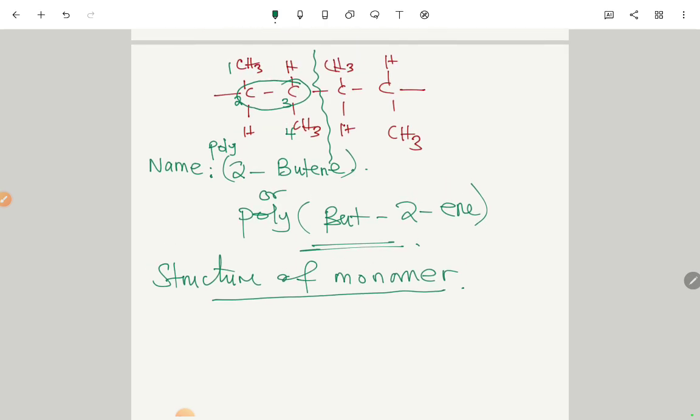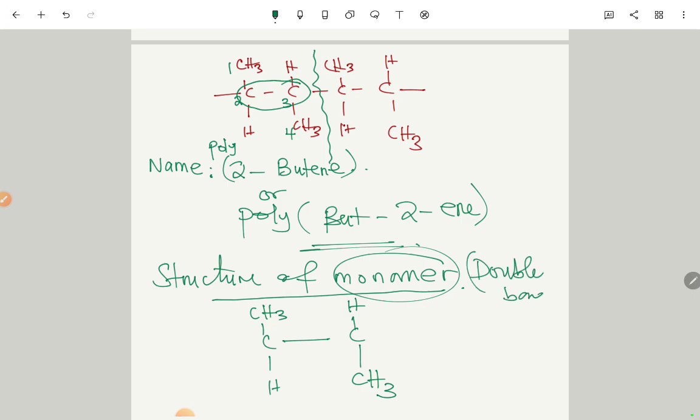So we're going to get one repeating unit, which is CH3, CH, CH, CH3. Remember, for this monomer to undergo addition polymerization, it should have a double bond in its structure. So therefore, just add a line here. So this is the structure that was used to make this polymer.